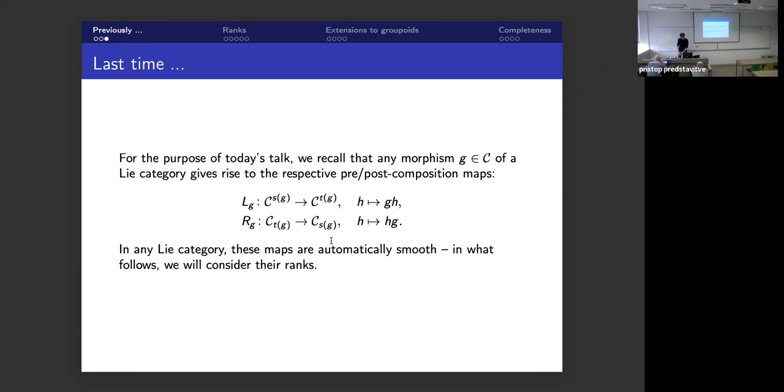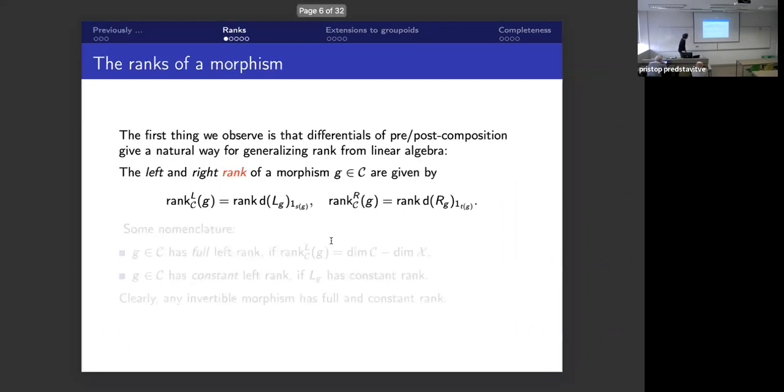And the point is that in any Lie category, these maps are automatically smooth. So we can consider, let's say, their differentials or ranks or anything of the sort, right? And that's precisely what we are going to do. So the first thing that we are going to consider in today's talk is the rank of the differential of this left or right multiplication, or if you want to call it pre or post composition map.